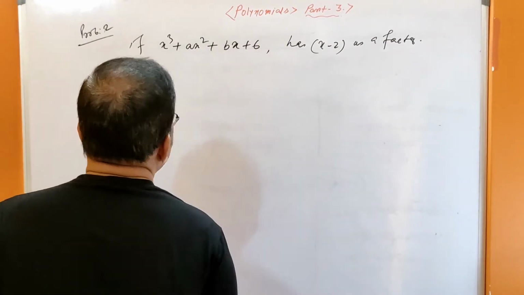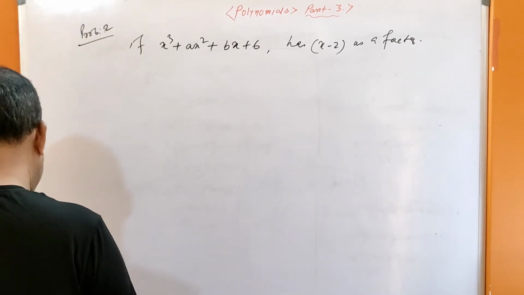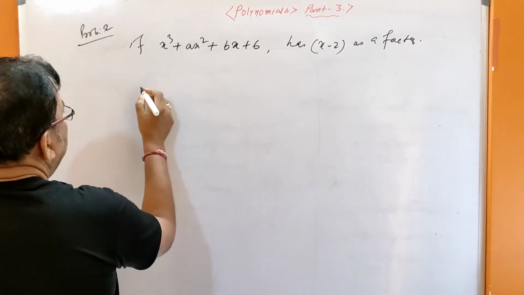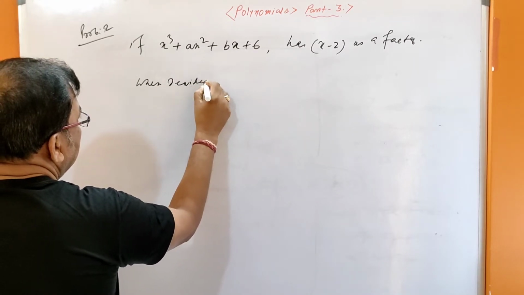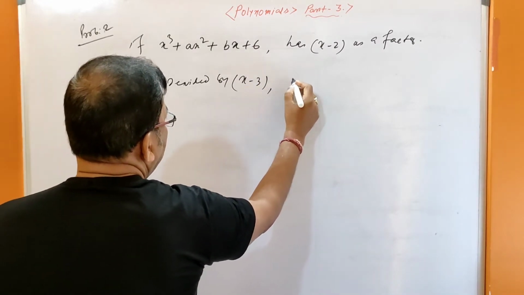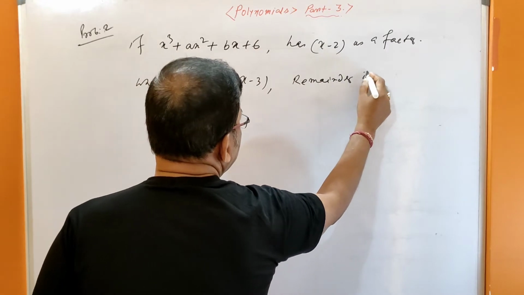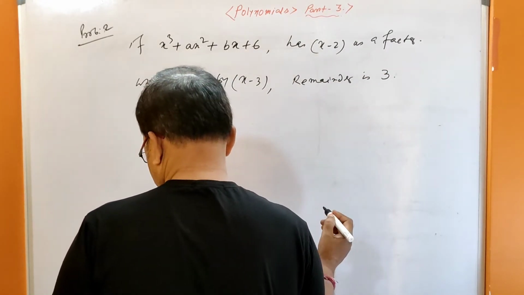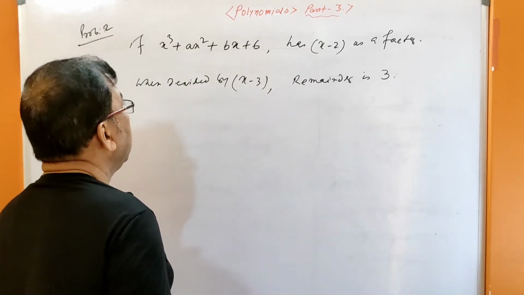And the second condition: when divided by x minus 3, it leaves remainder 3. These are the questions.